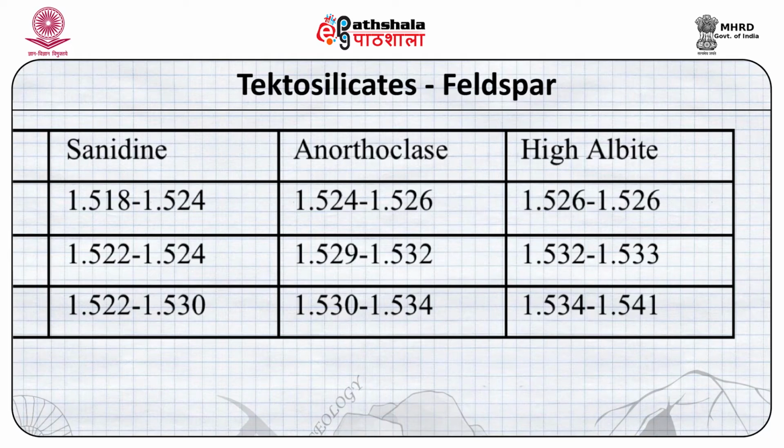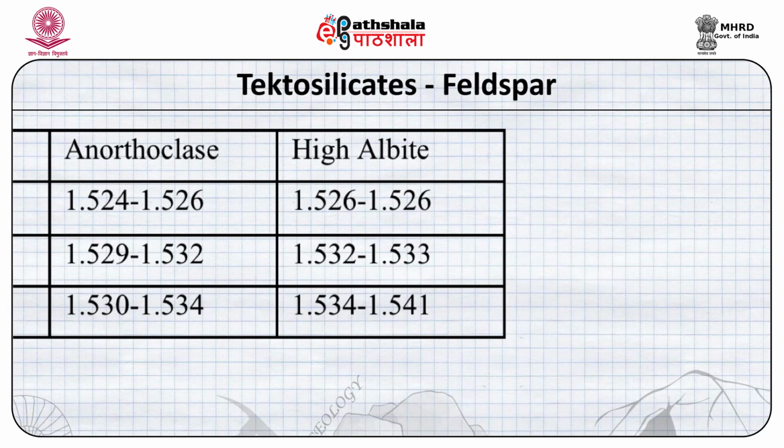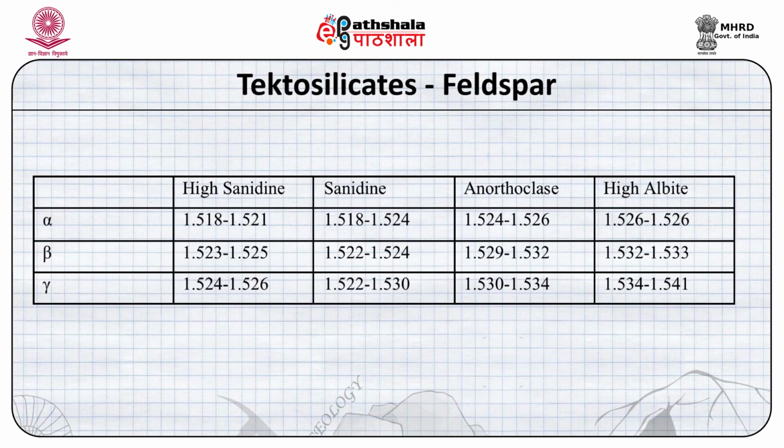The lower temperature member, that is the high albite of this series, has the alpha value almost fixed at 1.5 to 6. There is much less variation in high albite, in beta also, where it is between 1.532 to 1.533, and similarly gamma is relatively less variable between 1.534 to 1.541.